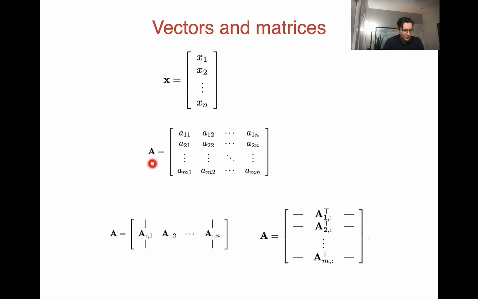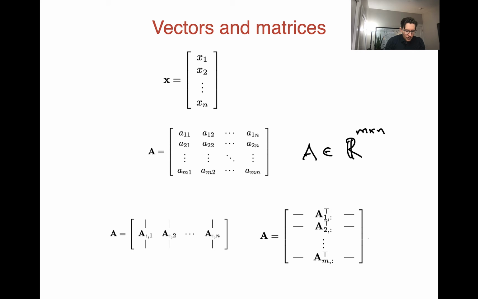So it can be a bit confusing, and we'll try to make it clear at the time whether by a capital letter here we mean a matrix or random variable, or perhaps a random variable that is matrix valued. Likewise, we write A in R^(m times n). Note that here we have m rows and n columns. We always write rows first, so that's why we have m times n versus the reverse.